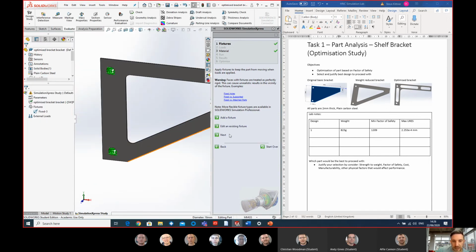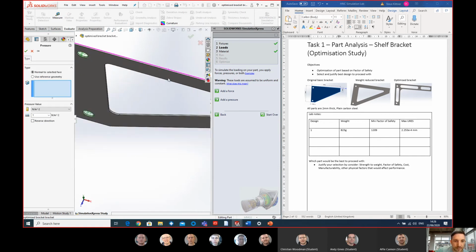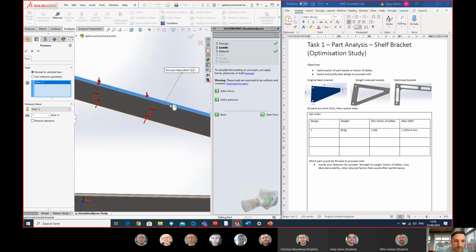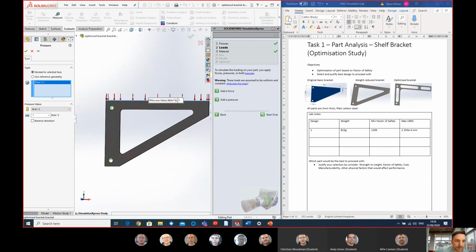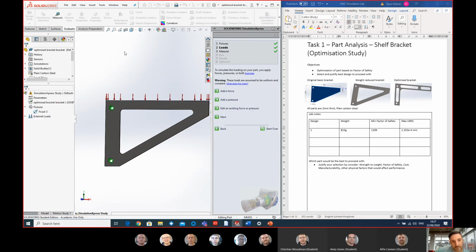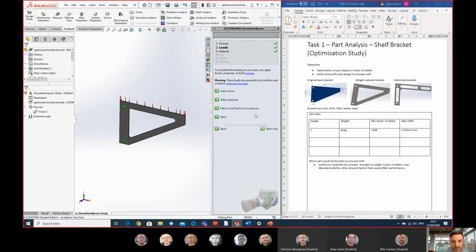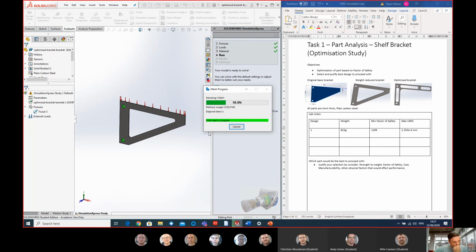And then we're going to add the same load on top. Hit the tick. Go next. Same material. And run the simulation.